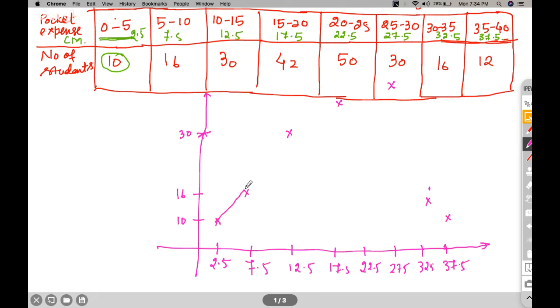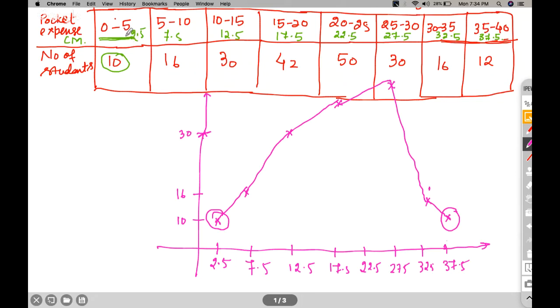So what I'll do is I'll start my graph like this, and I'll start joining the different points. Once I join the different points, I get this kind of frequency polygon here. Now the problem is, I told you the frequency polygon always starts from 0 and ends at 0. So what do I do in that case?